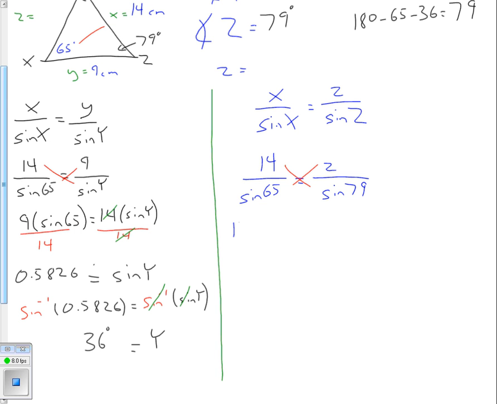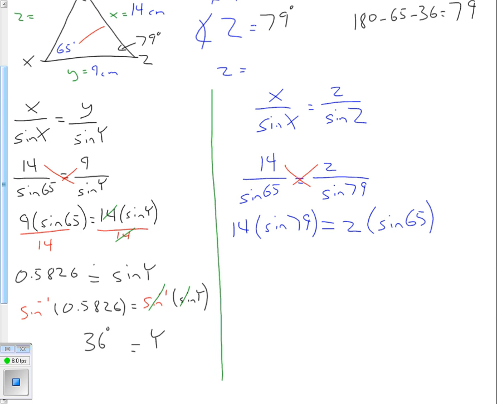So I've got 14 times sine 79 is equal to z times sine 65 degrees.